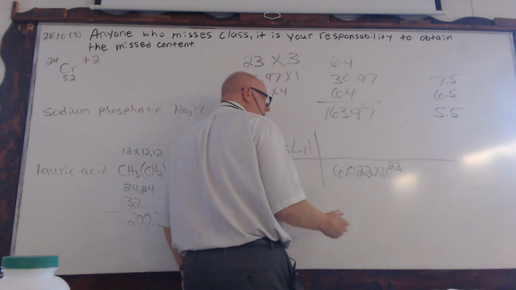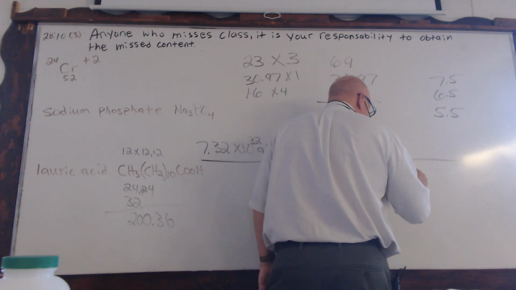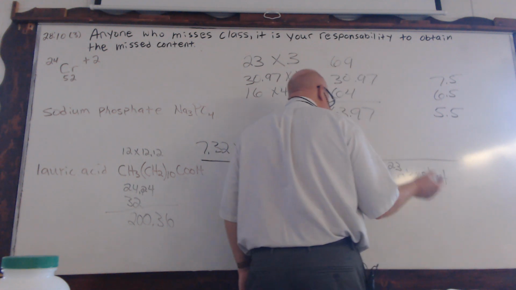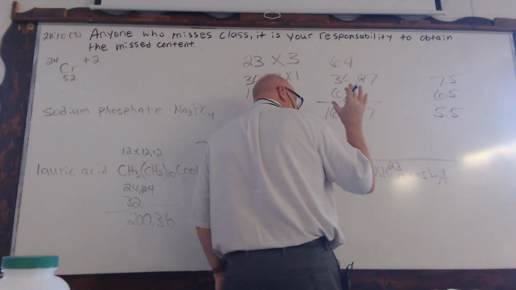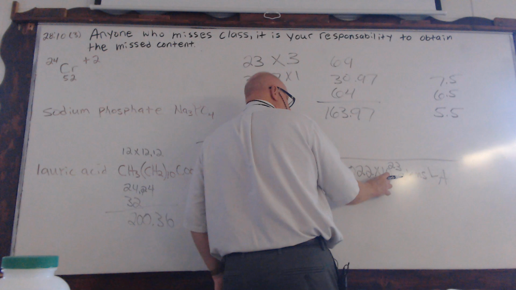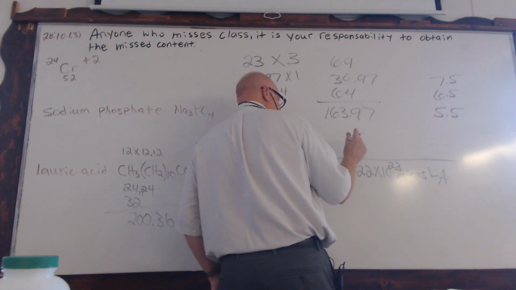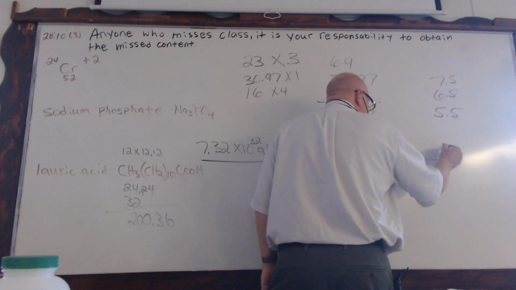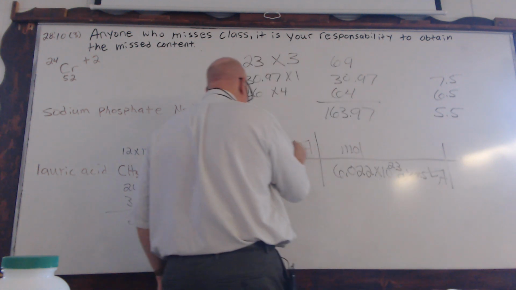Okay? And how many, it's atoms of what? LA. Lauric acid. And for this many atoms, which is Avogadro's number, how many moles do we get? 1. We get 1 mole of that substance. Then your atoms are gone.